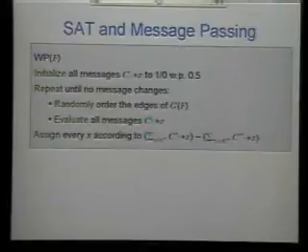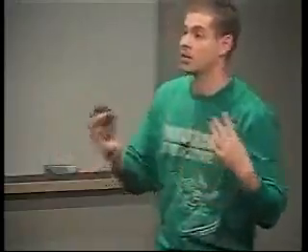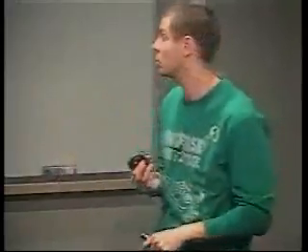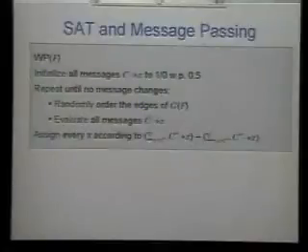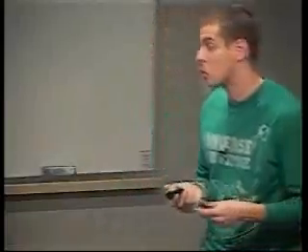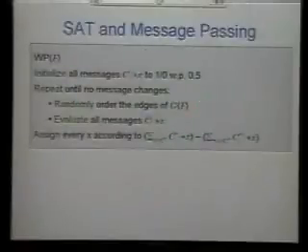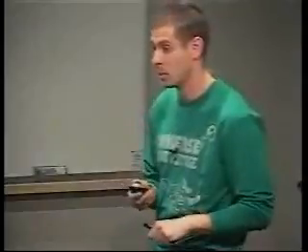You can also do it by just evaluating the edges in parallel: clause to variable, then variable to clause, and so on. But then it's a different algorithm, and this is the way the book puts it. In some cases, the parallel one may get stuck, and this one can overcome it with positive probability.